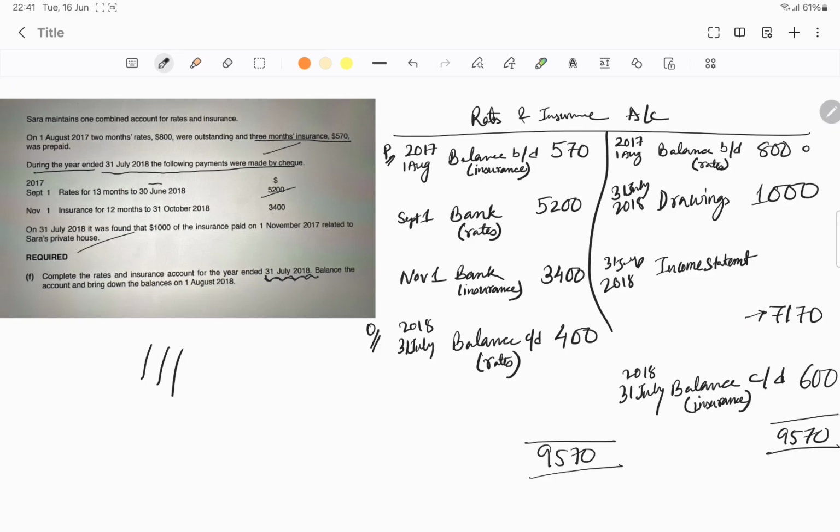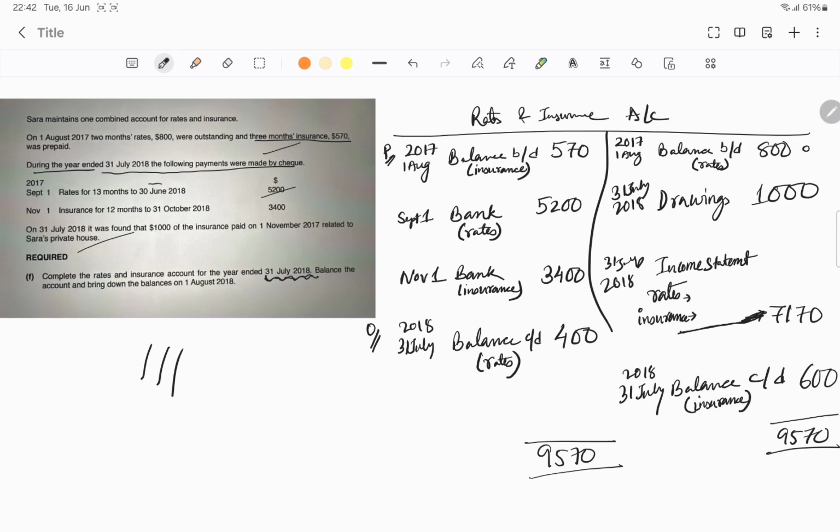This 7170 has two things in it, one for rates and another for insurance. Now you need to individually find the amount for rates and for insurance.